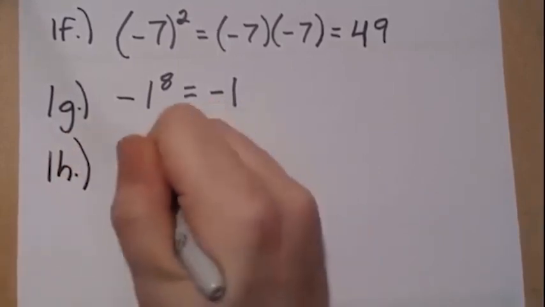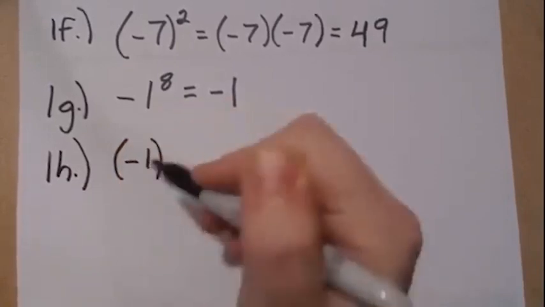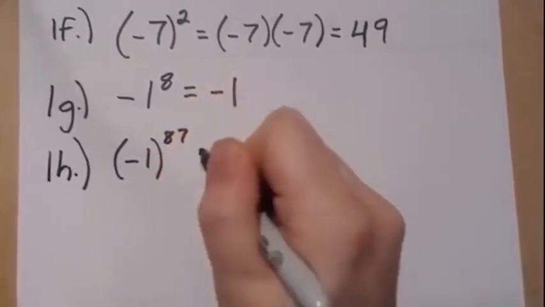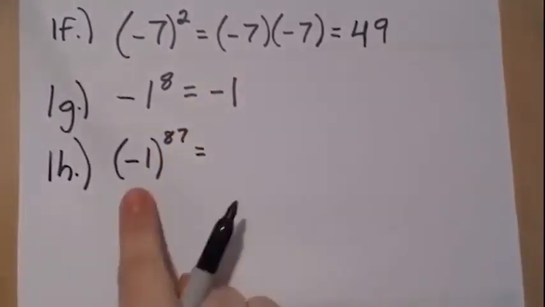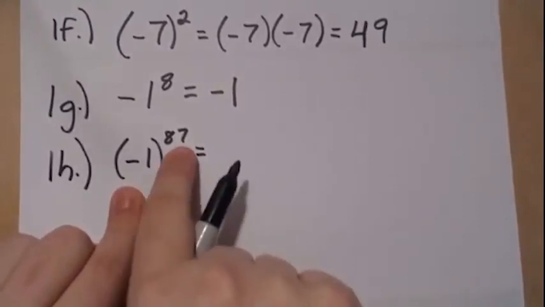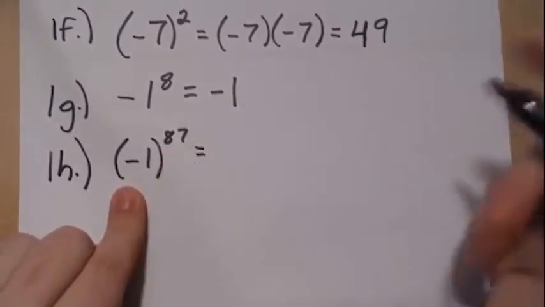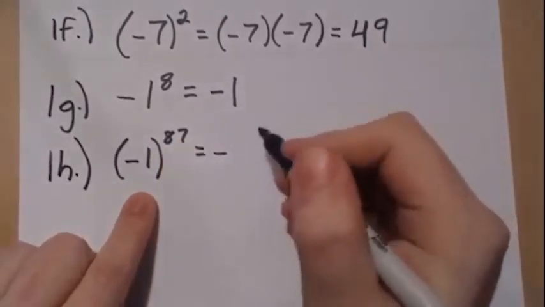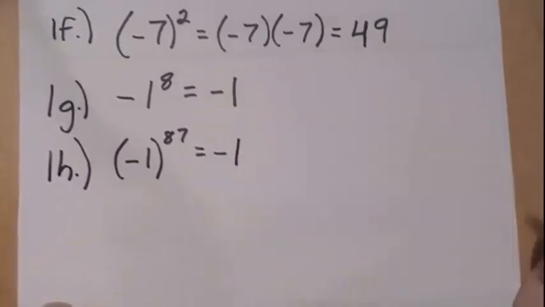And in 1H, negative 1 in parentheses, raised to the 87th power. A negative raised to an odd power is going to give us a negative number. And again, 1 to any power is 1.